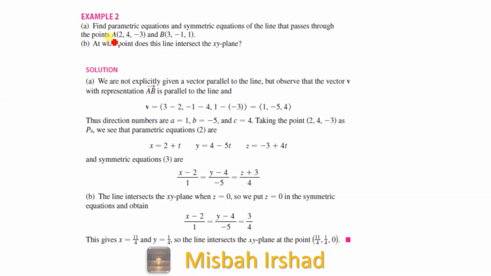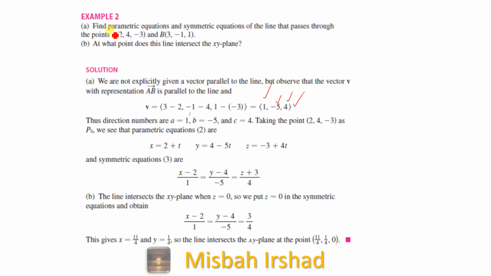So v in this case would be the vector joining A and B. That would be 3 minus 2, negative 1 minus 4, and similarly 1 minus negative 3. This gives us the direction vector, that is, a here is 1, b here is negative 5, and c here is 4.